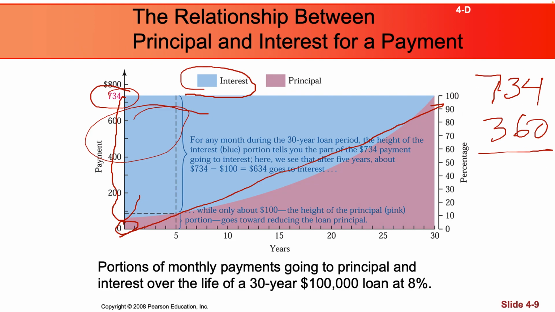So let's calculate that. 734 times 360. Because this is actually in the homework, they will ask you how much interest you paid. What you do is you take your monthly payment and multiply it, if it's a 30-year loan, times 360. If it's a 15-year loan, it would be times 180. I come up with $264,000.